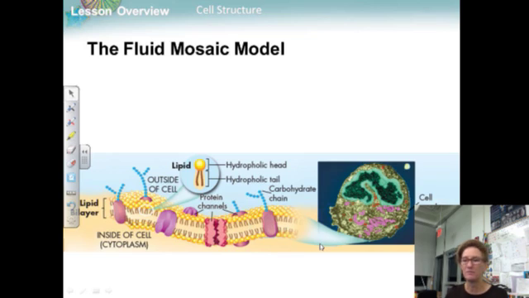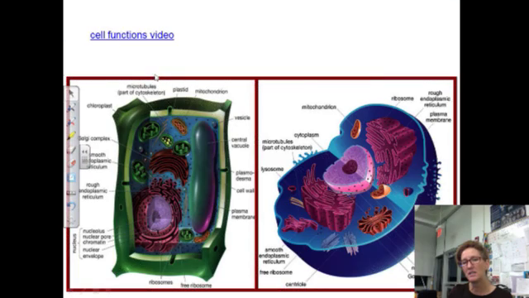Most biological membranes are selectively permeable, and we're going to learn about osmosis and diffusion in the next chapter, meaning that some substances can pass across them and others cannot. Selectively permeable membranes are also called semi-permeable membranes. You can go to my content area where the PowerPoints are, and click on this and watch the cell function video too.